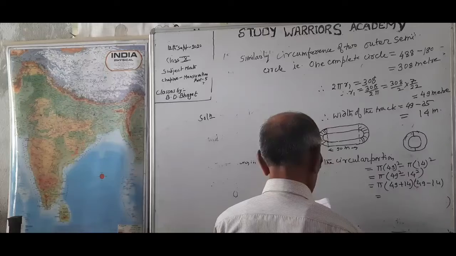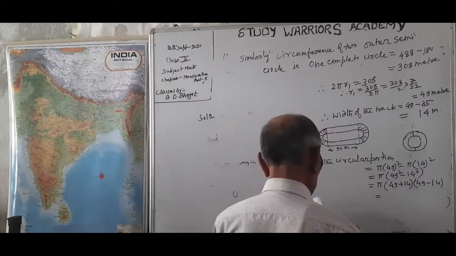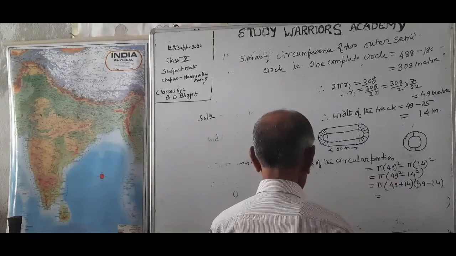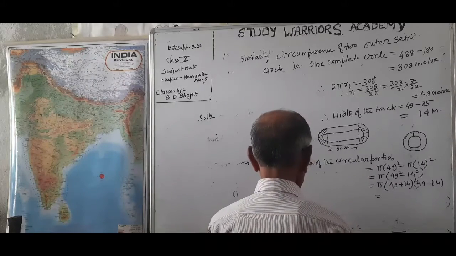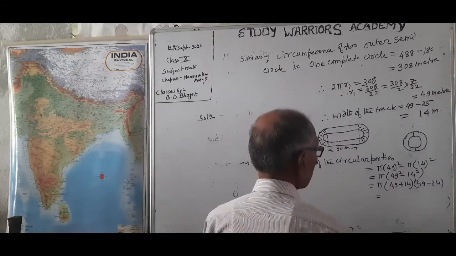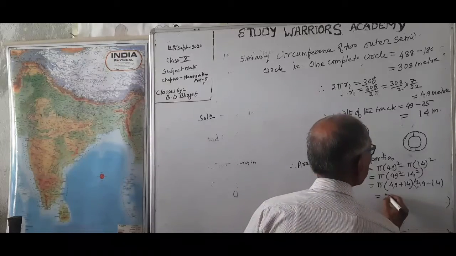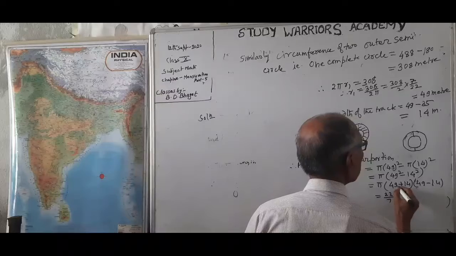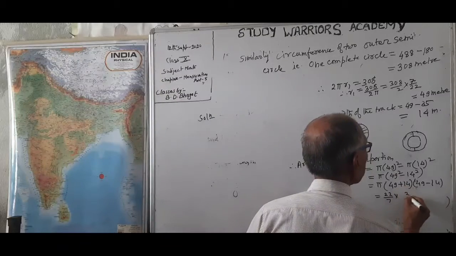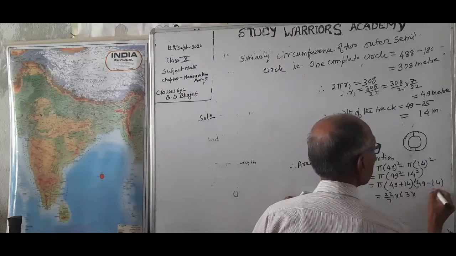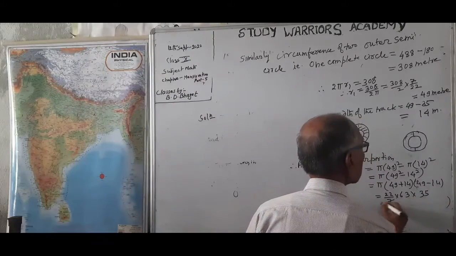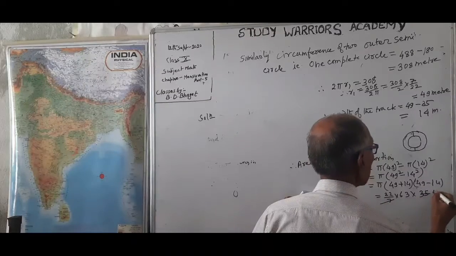So it will be equal to 22 by 7 into 63 into 35.